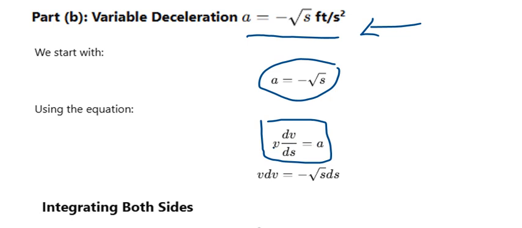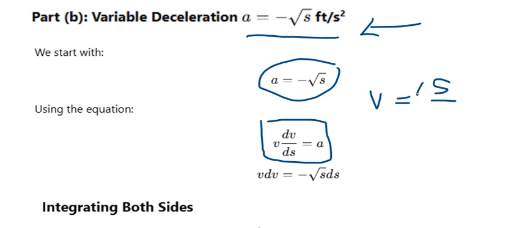Your acceleration is the velocity times the little small changes in velocity over small changes in the distance. If you forget about this, it comes from a very easy equation that we started.